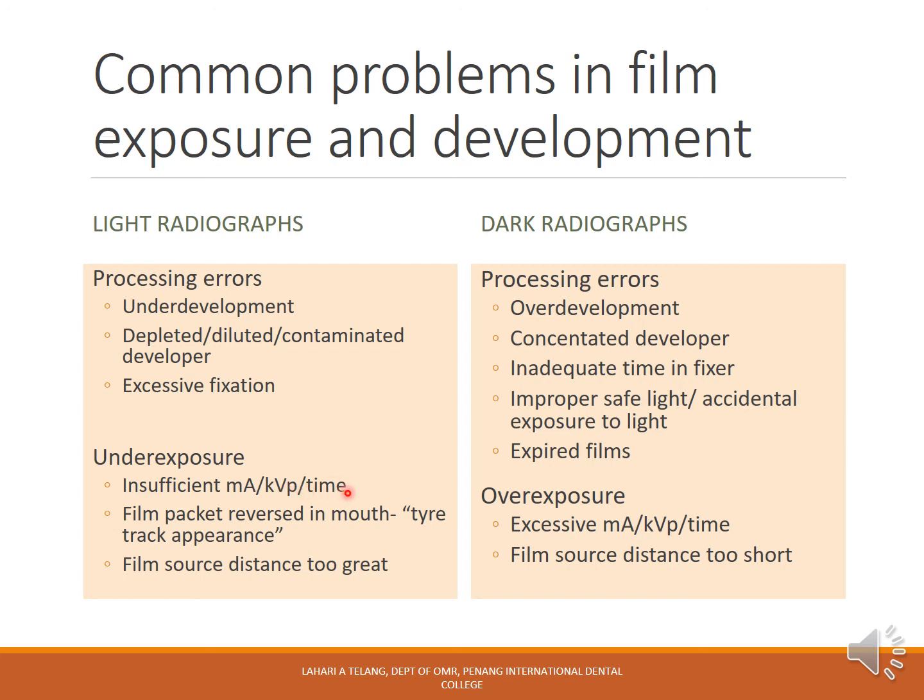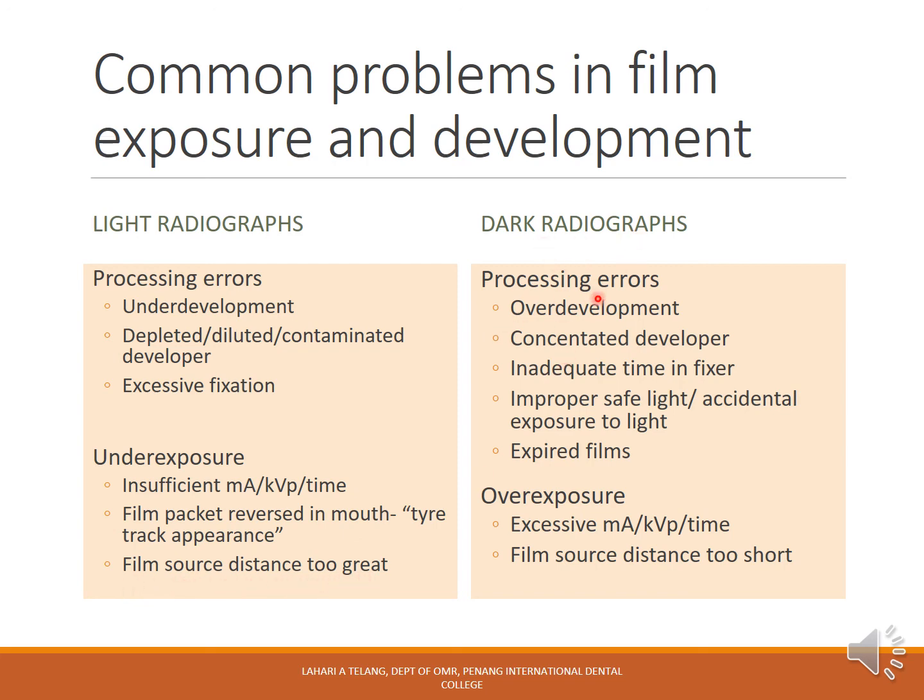That means if you expose a molar radiograph with incisor exposure, you will get light radiographs. This can also happen if the film packet is reversed in the mouth. You end up getting the lead side of the film packet being exposed to radiation, and you get a tire track appearance, which would give you a very light image of the actual radiograph. It also happens if the film source distance is too high.